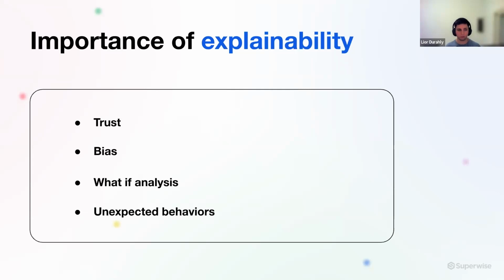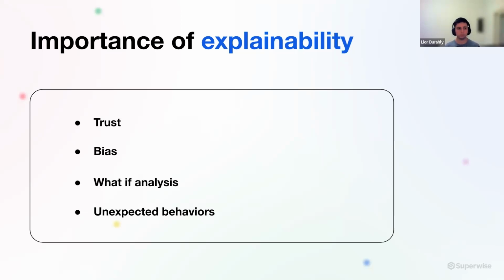If we cannot tell him why we rejected the loan, it is a problem and we cannot use it. Also, we want to know if our models are biased, because in many critical cases it's very important, as it may harm people.